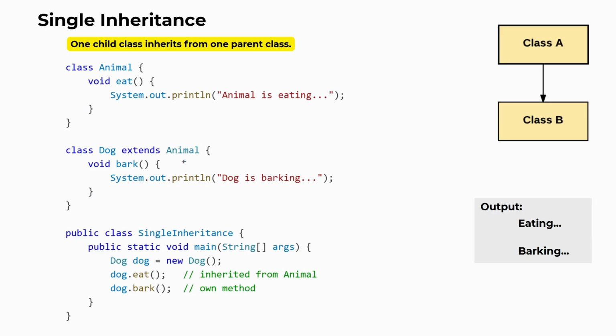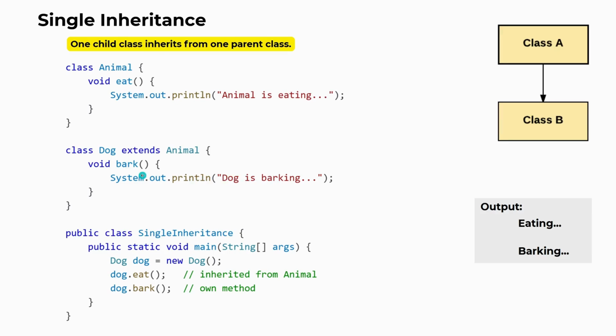To perform inheritance, we have to use this extends word. So when I use this extends word, that means this dog class can use all the properties of this animal class. Now under this dog class also, I have given one method, void bark. Under this method, there is one print statement: dog is barking.